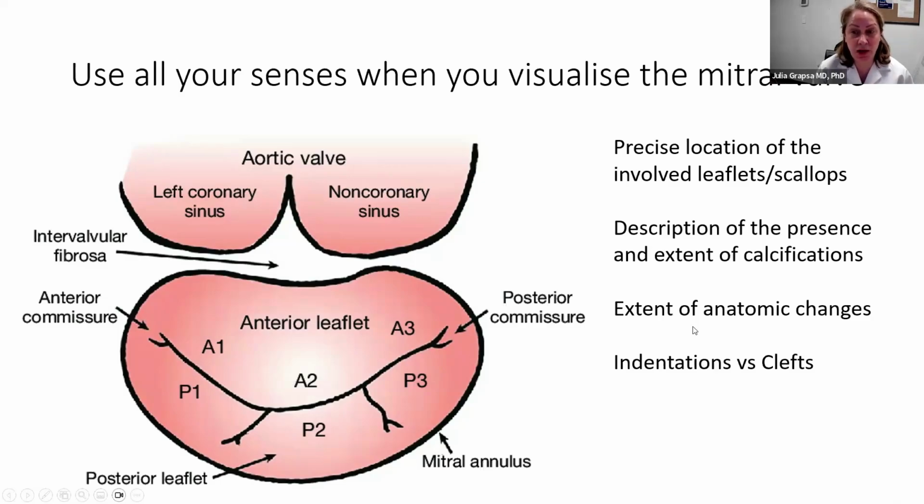And then it's important to describe the presence and extent of calcifications, if any, because that poses a challenge in the anatomy for edge repair, and then to separate if we have any indentation versus real cleft, which would be a contraindication actually to a mitral edge repair.